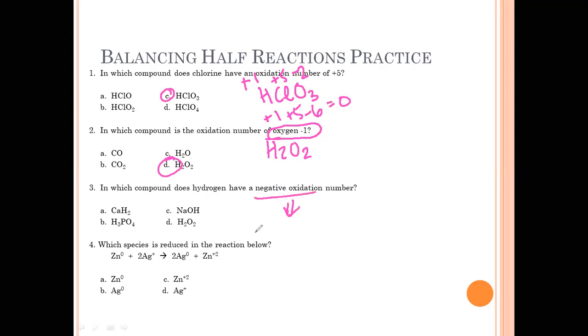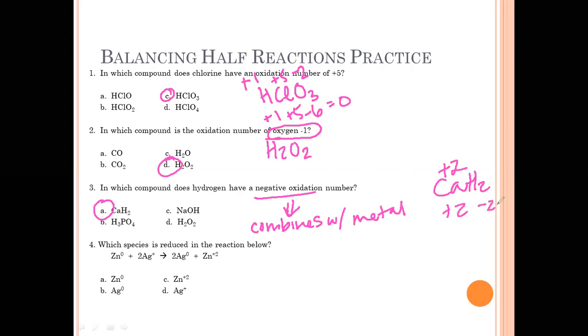Hydrogen will have a negative oxidation number when it combines with a metal. So the answer is A. If I look at CaH2, Ca can only be +2. So that means H has to be negative, since there's 2 of them, would be -1.